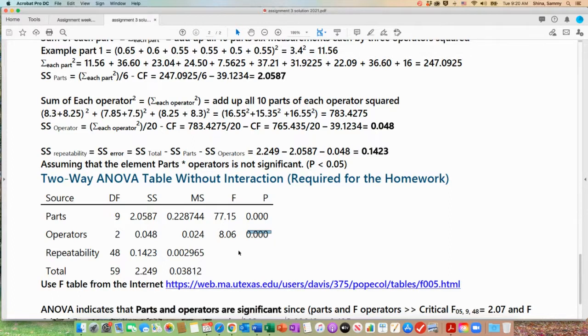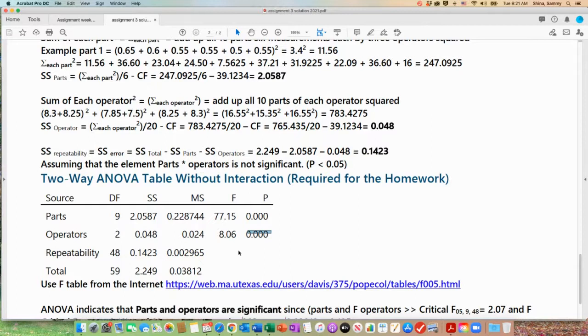There's another indicator or source of variation that's not shown here. I did not ask you to do it because I don't want you to do a lot of math, since Minitab will do it for us. It is the interaction of the operators to the parts, which means operator A working on a different machine makes a difference.